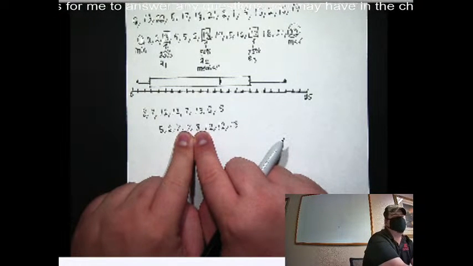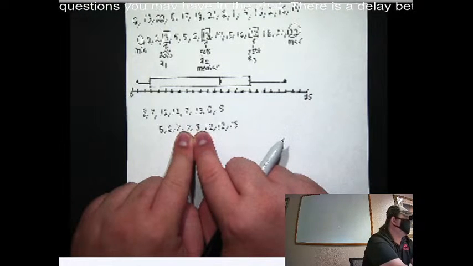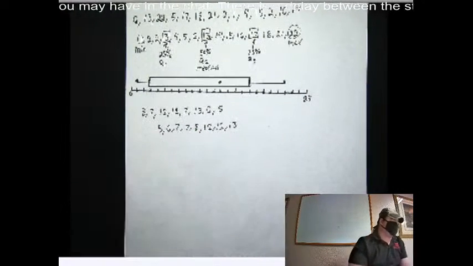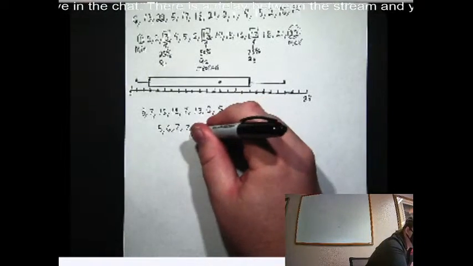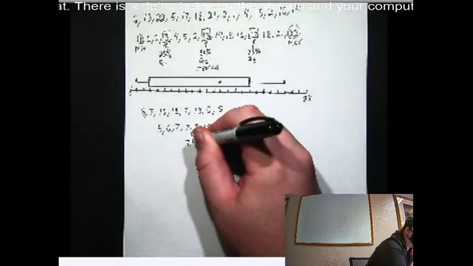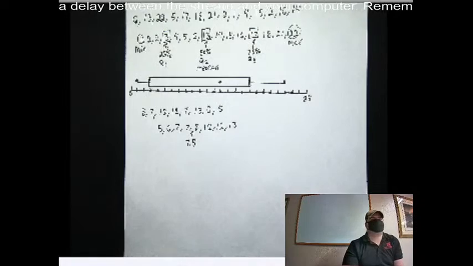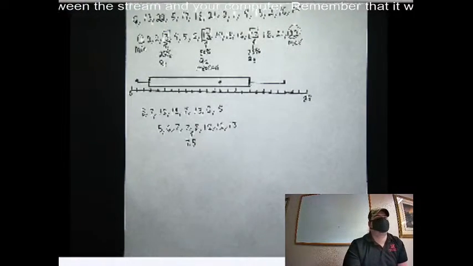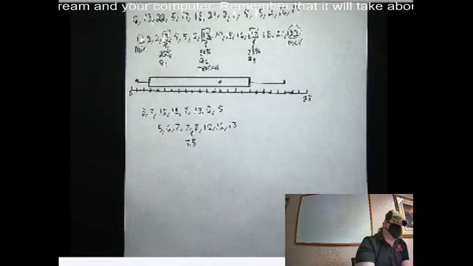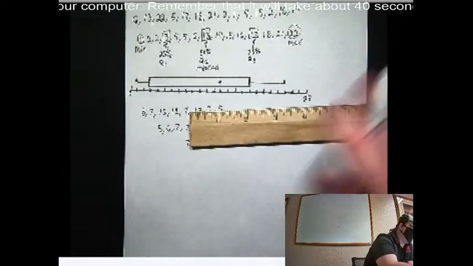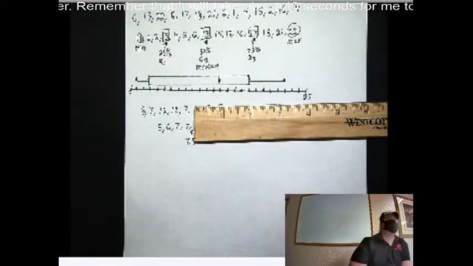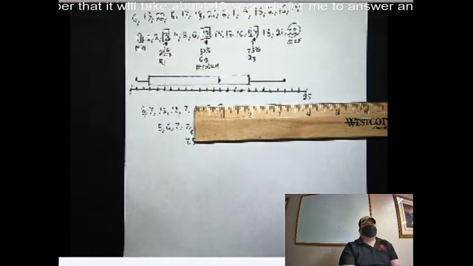So it's halfway between 7 and 8. 7.5. So our median is 7.5. Okay? So now we want to do the same thing for each side of data.